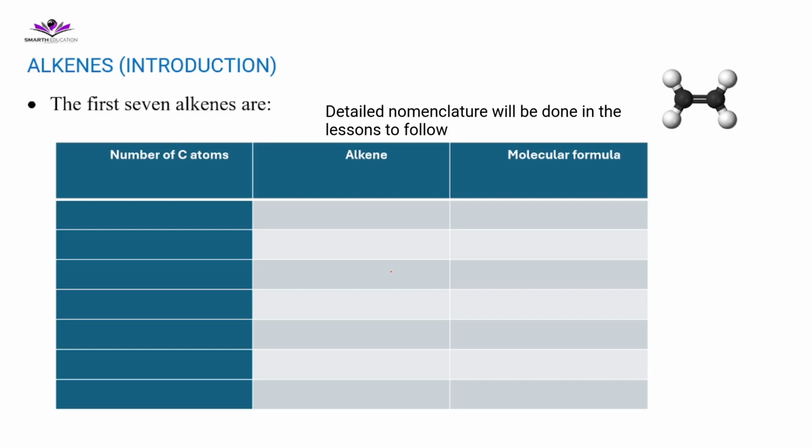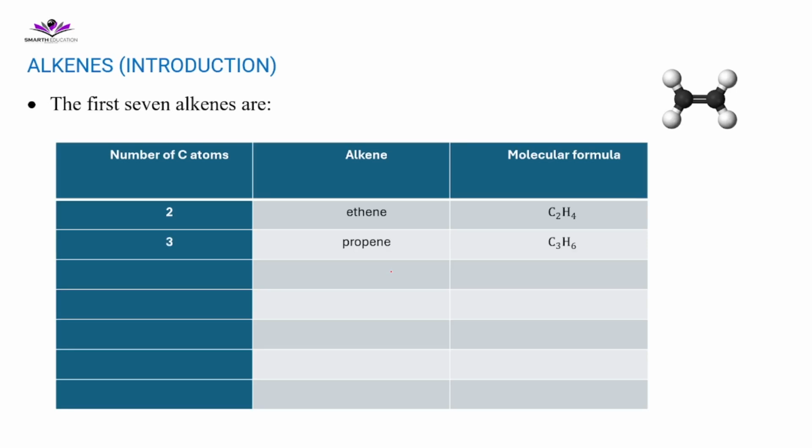These are the first 7 alkenes. Remember, we said that the first alkene will be ethene, which has 2 carbons. We don't have an alkene with 1 carbon. The first one will be the one having 2 carbons. That's ethene, and that's the molecular formula. And then we have propene, butene, pentene, hexene, heptene, and octene.